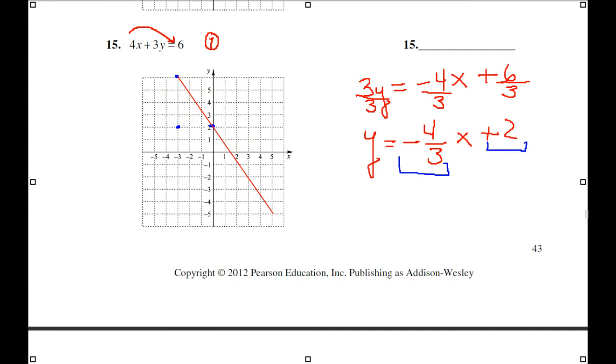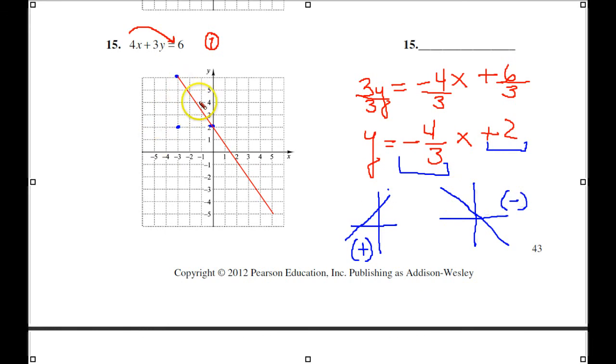Now you'll notice, and you haven't done too many, but generally speaking, well, this is always true. If a line starts low and goes up like so, this is positive slope. If a line starts high and comes down, as you go to the right, this is negative slope.